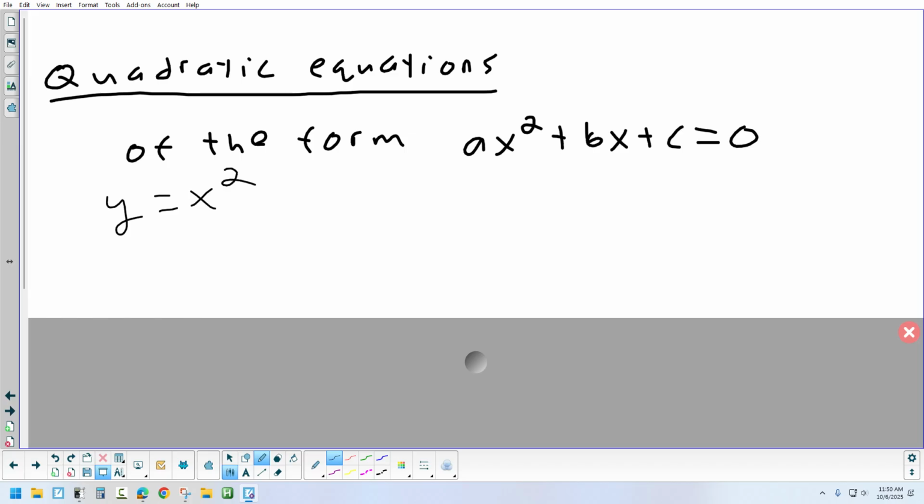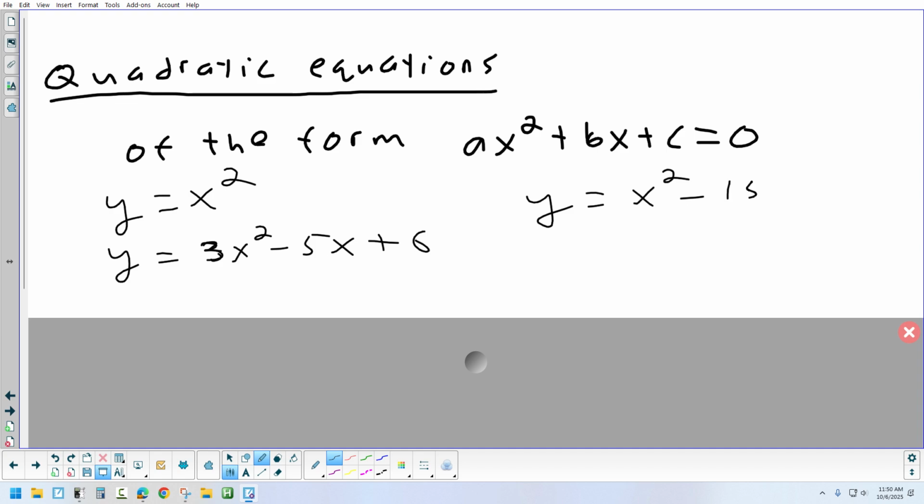In that case, B is 0, C is 0, and A is 1. Bless you. This is a quadratic. This is a quadratic. They're all quadratics. You don't have to have every single term. You can have any of the combinations I just showed you.